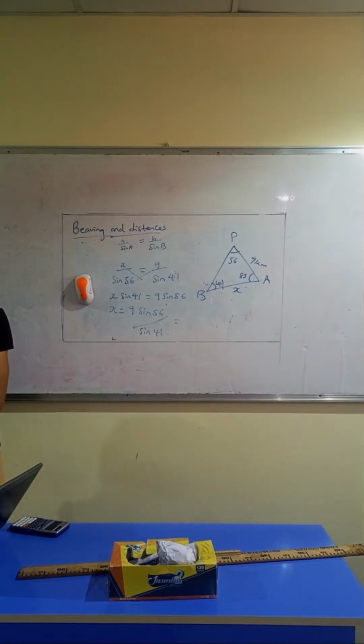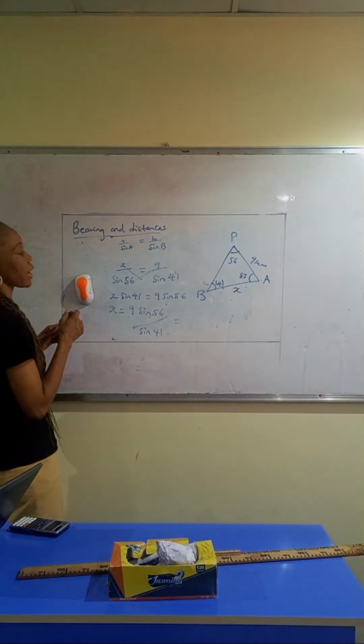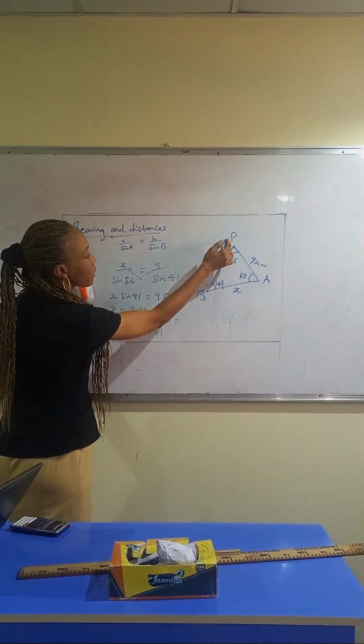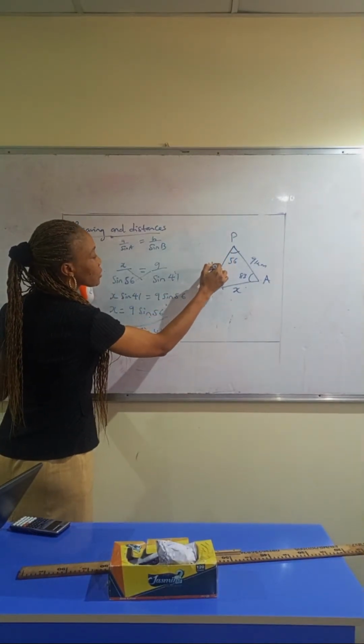Okay, let's check what distance we are looking for. Sorry, this is the distance of A. We want to get the distance of B from P. That's this y.